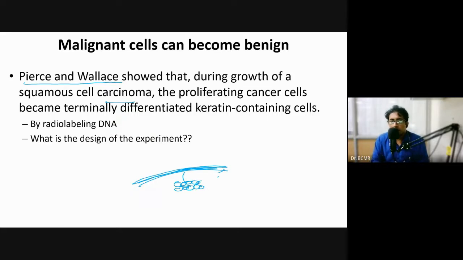They took a tumor, radio-labeled the DNA, and put it under the skin of mice. What they noticed is, after some days, in this keratin layer they found radioactivity, which means that these cancer cells have become part of the keratin layer.